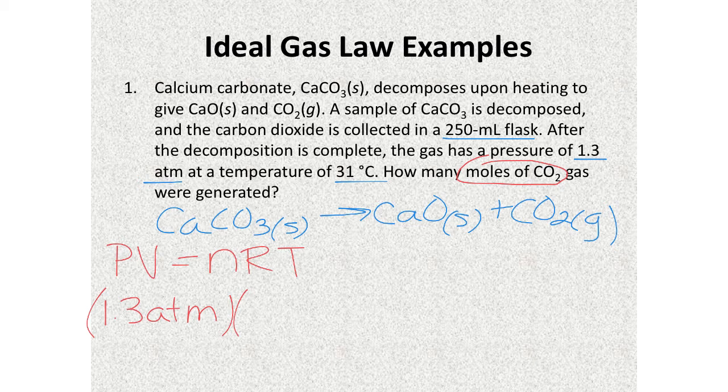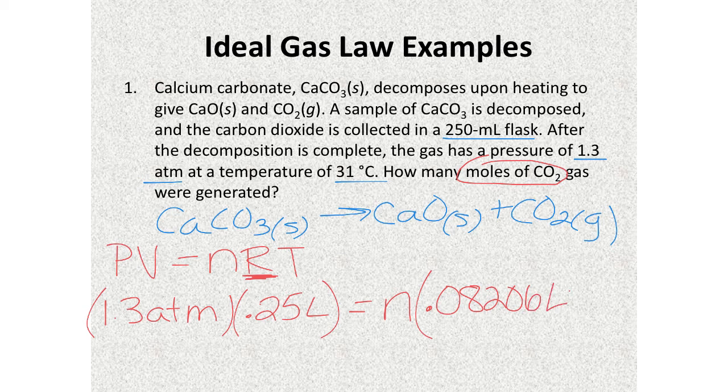But if you look at your constants for R, that's in liters. So that's our clue that we are going to have to change this over to liters. N, moles, that's what we're solving for. R is the gas law constant. So since we have atmospheres, we're going to use the 0.08206.